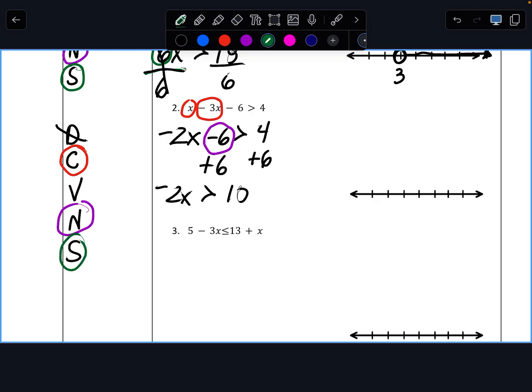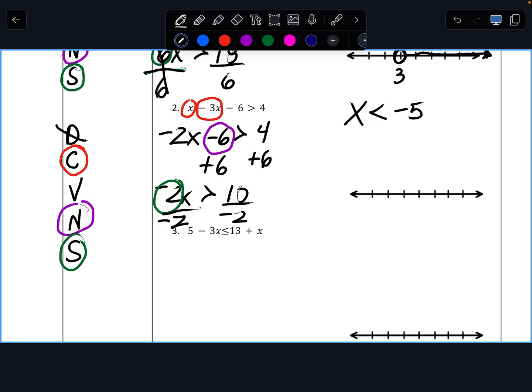So this negative 2, I'm going to divide both sides by negative 2. And now I am dividing by a negative. So when I write x equals, right now the alligator's eating the x, right? It's eating the side of the x. I need to flip it. And I come up with x is less than negative 5. So the inequality sign flipped.